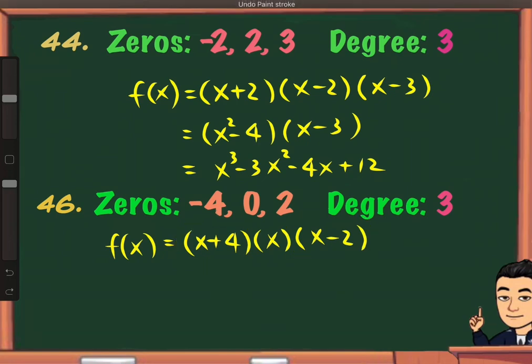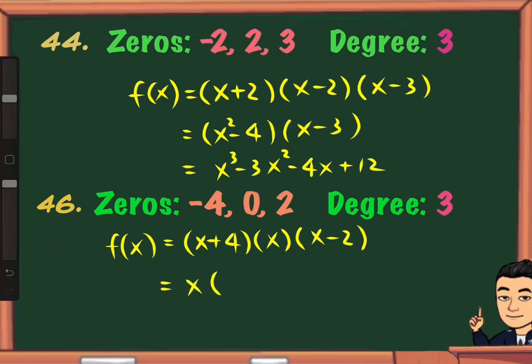This is going to give you x squared plus 4x minus 2x minus 8. We can go ahead and just combine the positive 4x and negative 2x, so this is going to give you positive 2x. Then one last step, just go ahead and distribute the x to all three terms. This is going to give you x cubed plus 2x squared minus 8x.